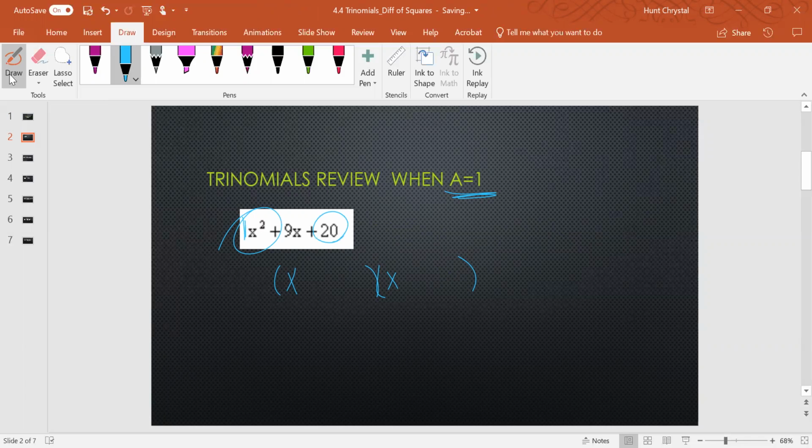And then you want the factors of 20. And now we have a lot of them. We have 1 and 20, 2 and 10, 4 and 5. So we want to pick the set of those numbers that will add to give me 9. And so obviously it's not these. I'm going to use 4 and 5. And I need it to be a positive 9, so they would both have to be positive.